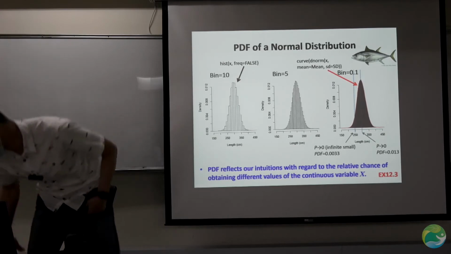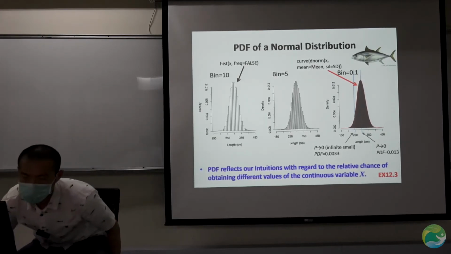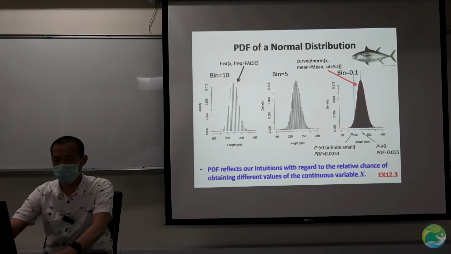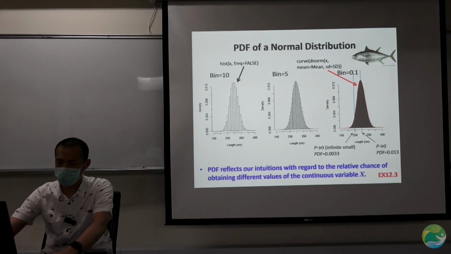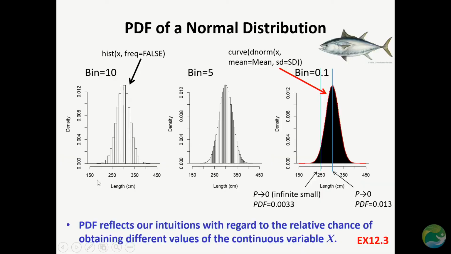So in this case, I'm going to show you how to do the probability density by hand calculation, okay? So here is the length of the tuna fish. As we know, the length is a continuous variable, right?